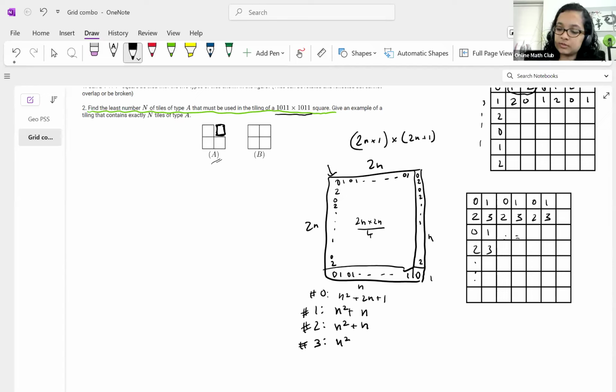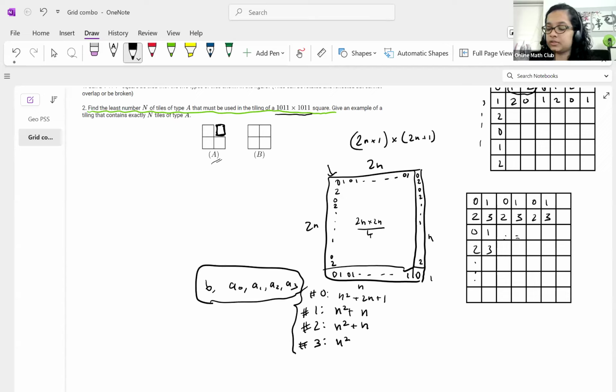The ones that leave out 0, let's call it A0, and the ones that leave out 1 and 2 and 3. We also know there's some number of type B. So we have these two sets of quantities. Can we form any relations between them that leads to some bound on the A's? You can try to do that for some time.